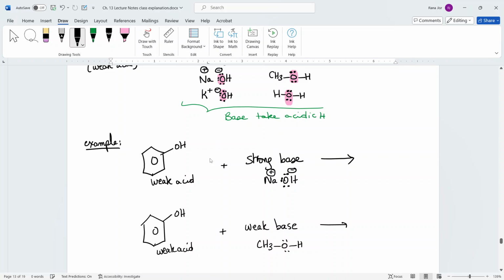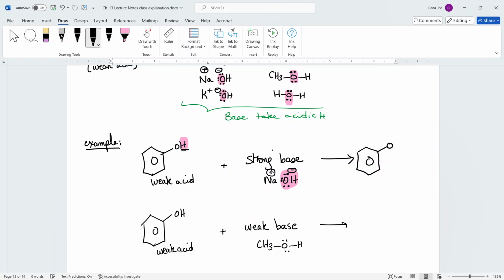This is an example. If we have phenols and we are reacting those with strong bases, remember what I said, the base here is the OH. So the bases take acidic hydrogens and they create a conjugate acid. So the base in here, which is the OH, is going to come and take the hydrogen, and you are going to make a conjugate acid and a conjugate base.